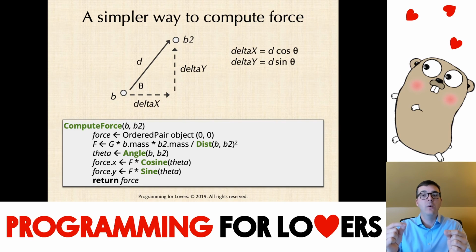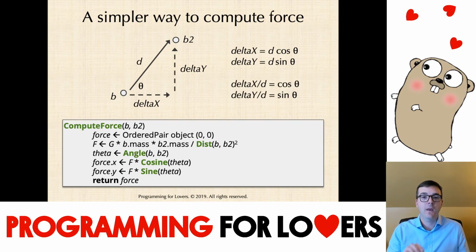So I'll know delta x, delta y, and d quite easily. And so I can then divide by d, and I get that cosine of theta is just delta x over d, and sine of theta is just delta y over d. And if all I want is cosine and sine of theta, I'll be able to compute them in this way without having to know what theta is. I'll get cosine and sine of theta for free.